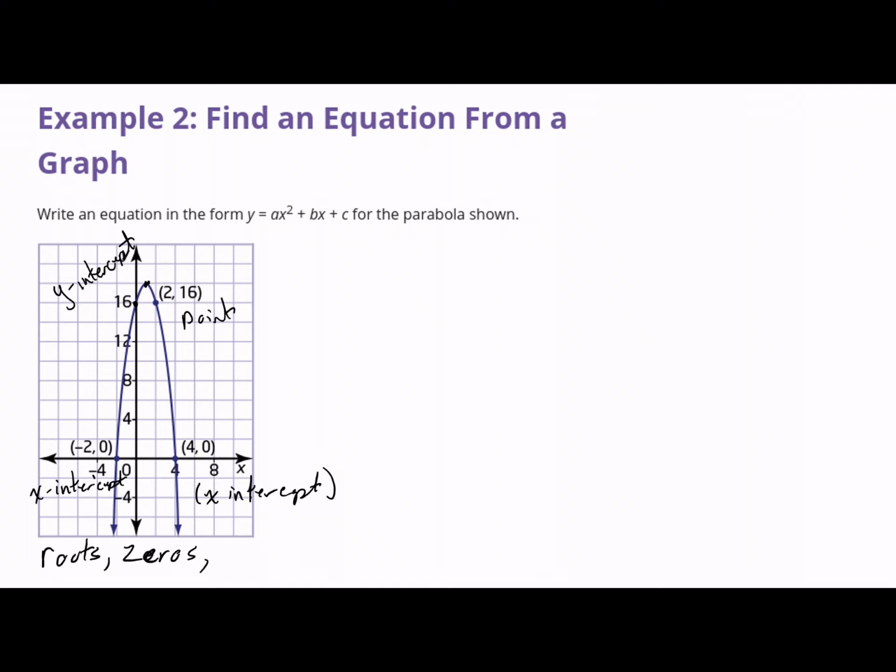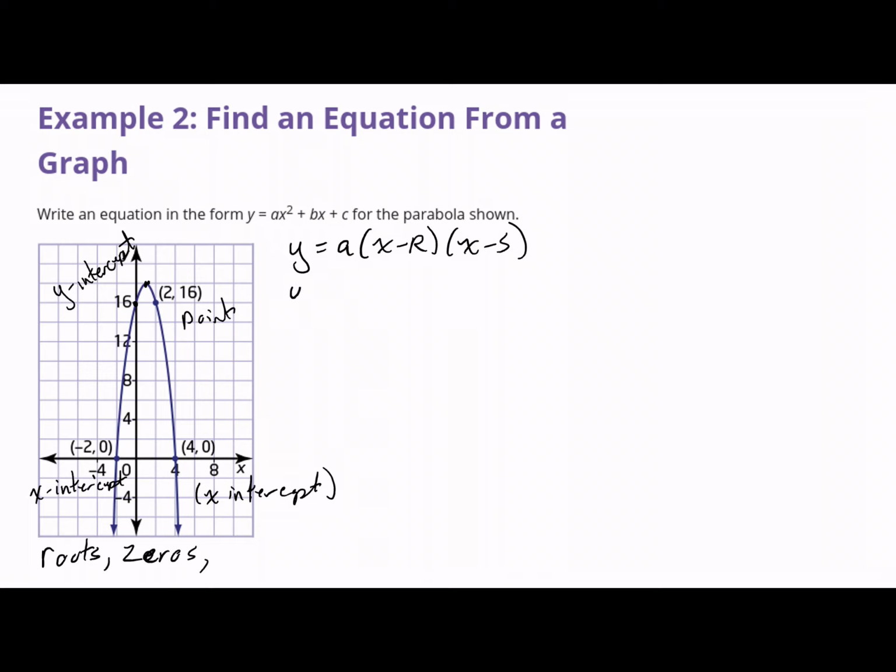What we do know is we want it to eventually be in the form y equals ax squared plus bx plus c. But what we can do is start off in the form like this, because we do know our x-intercepts, so we do have the factored form.